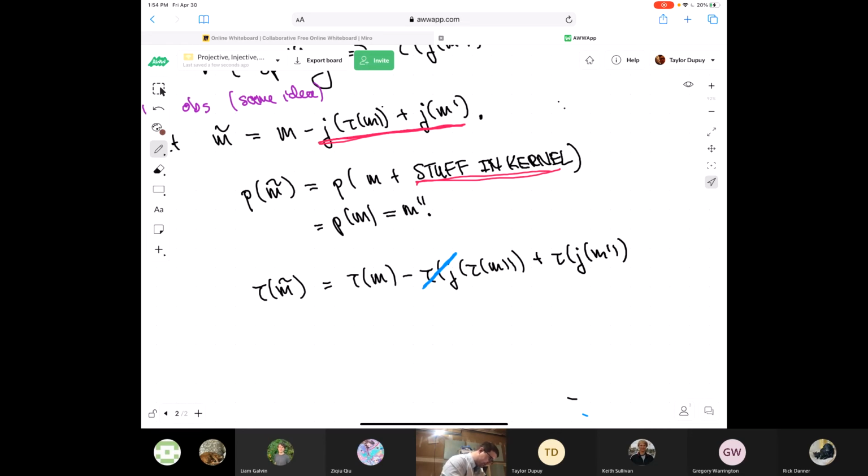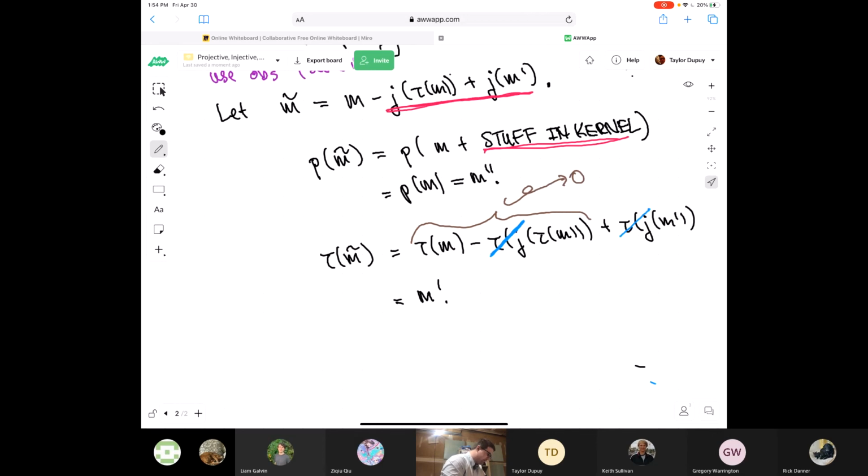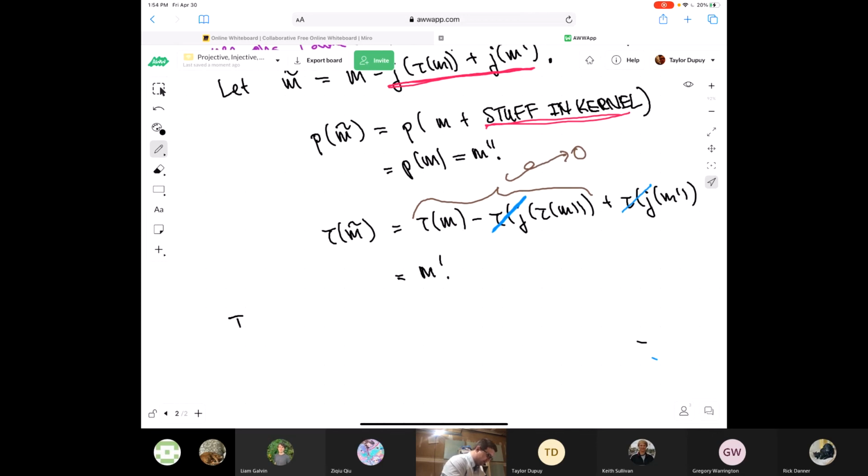Okay, so this thing here is just 0 because it's just tau M minus tau M. And now again, this part here also cancels here. So this is just M prime. Okay, so this proves that the map phi is surjective.